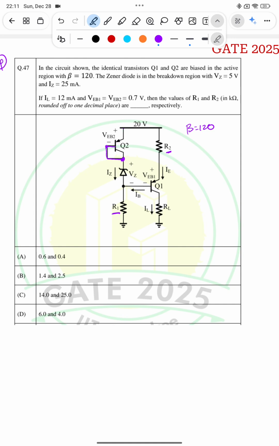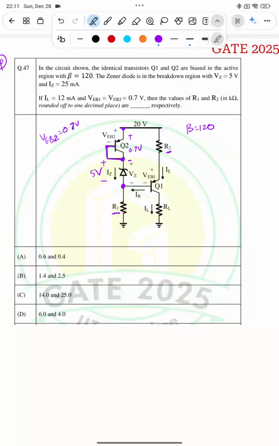VEB2 is the voltage from this node to this node, and given VEB2 equal to 0.7 volt, I can say here it is 0.7 volt. The voltage across the Zener, from this node to this node, is Vz, so this voltage is 5 volt.